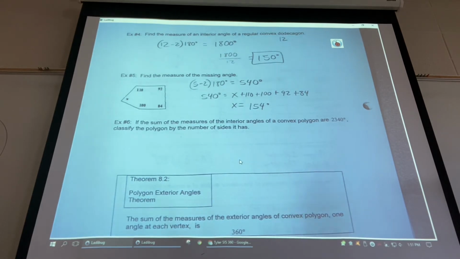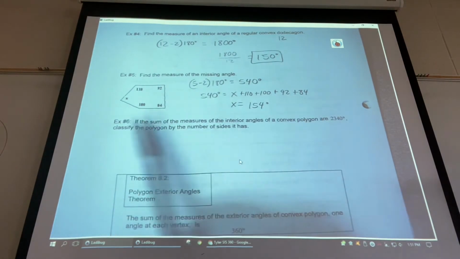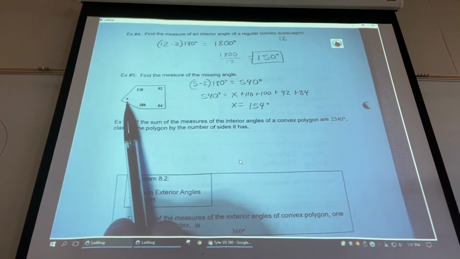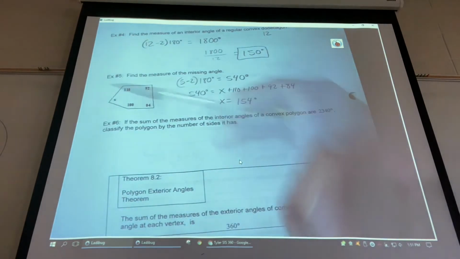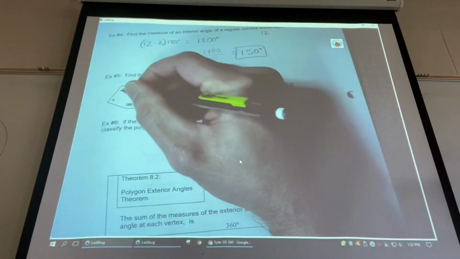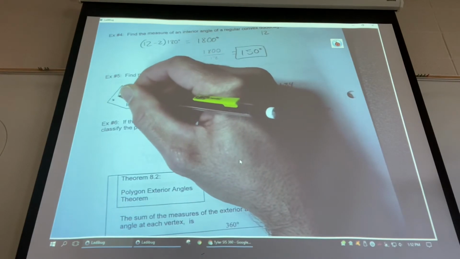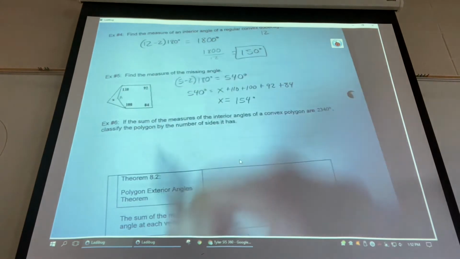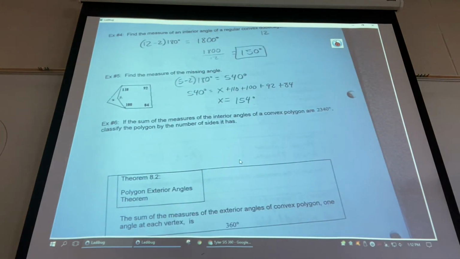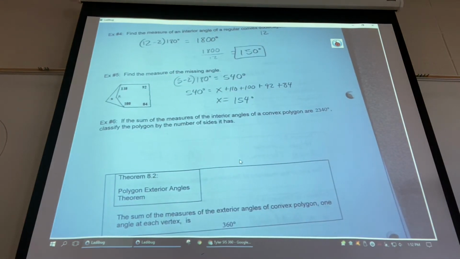And so for these examples, what I'm getting at is, does X look anywhere near 154 degrees? No. It doesn't, but we have to trust the relationships that we're given. In truth, to make this more accurate, the shape would probably look more like that. You guys with me? Yeah. All right, example 6.